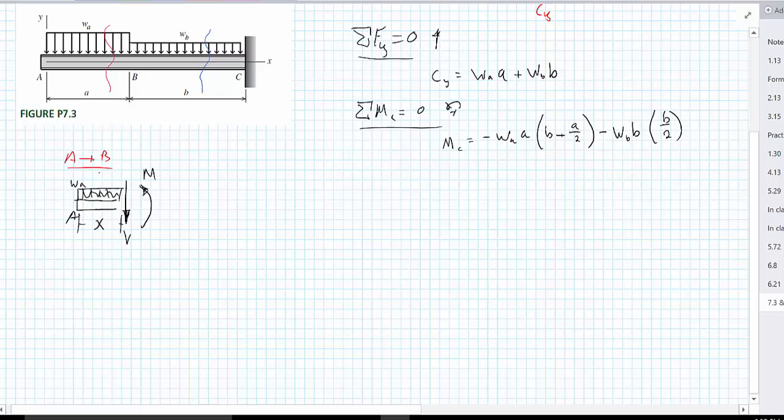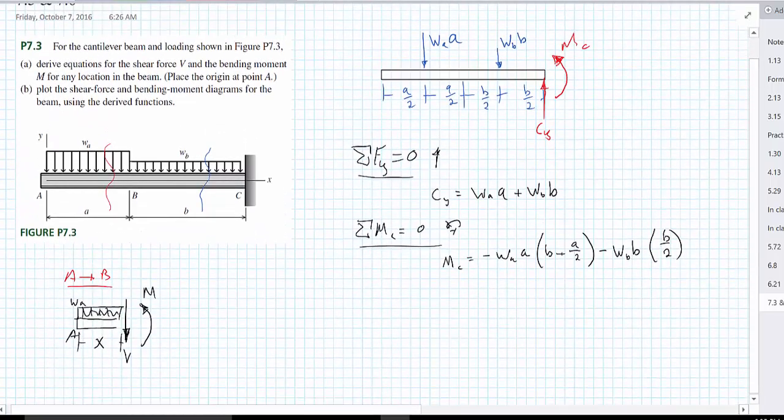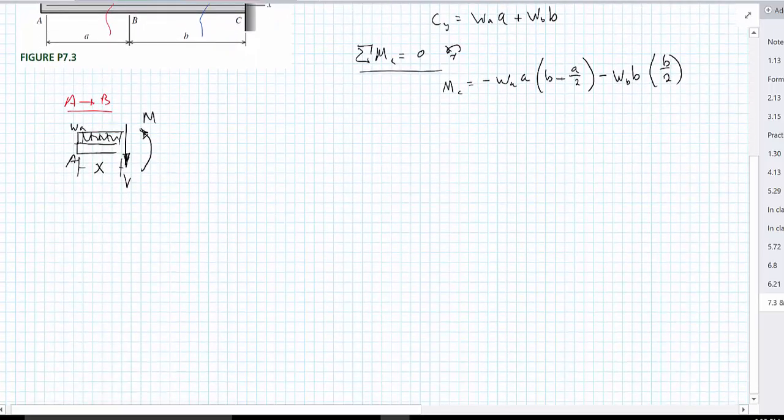So we're going to do the same thing for this free body diagram that we did a moment ago for our external reactions. So we have our distributive load, whose magnitude is going to be W sub A. Now, if we condense that to a point load, how would we do that? Well, it's really the area of the distributive load. So the area in this case is going to be W_A multiplied by x.